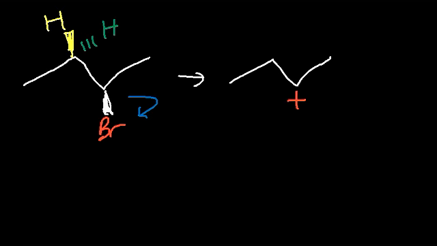So notice that the bromine atom is no longer attached to the structure. So that's why the hydrogen doesn't have to be opposite to the Br anymore, because the bromine atom is no longer attached to the carbon chain.